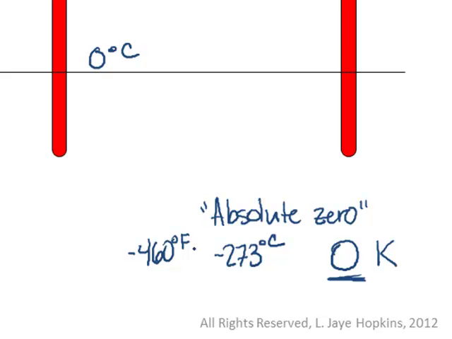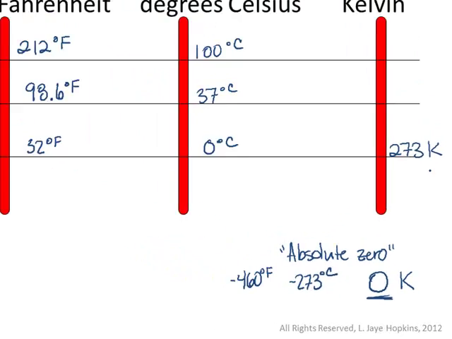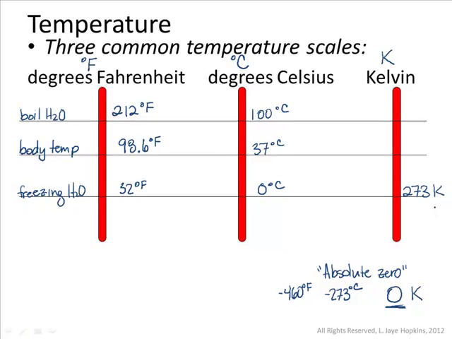So the freezing point of water in Kelvin is 273 Kelvin. The boiling point of water in Kelvin is also 100 units higher, just like in the Celsius scale, at 373 Kelvin. And this puts human body temperature somewhere around 310 Kelvin. The Kelvin scale is not something you'll run into in your day-to-day life.